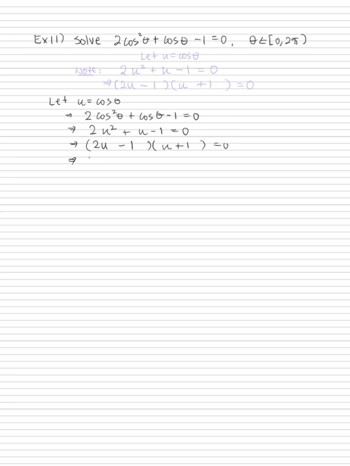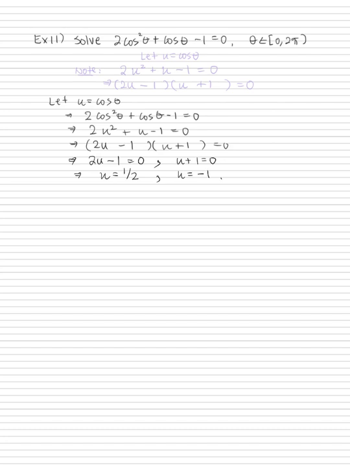Which implies that either 2u minus 1 is 0 or u plus 1 is 0. So that implies that our u is going to be either 1/2 or u equals -1.